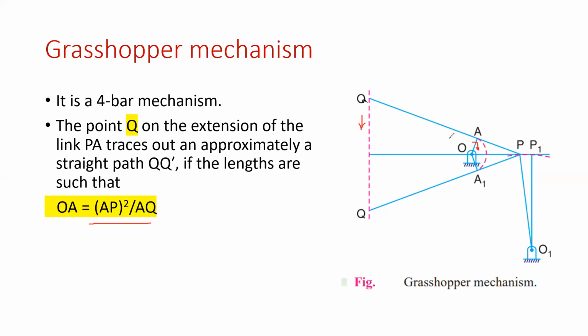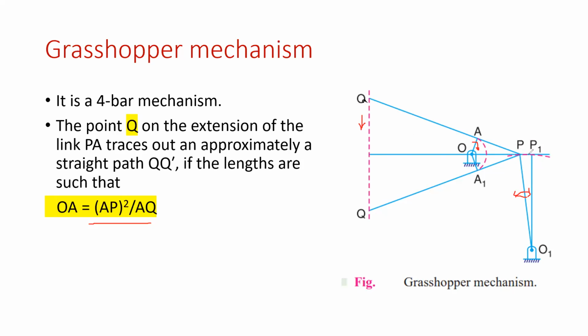Okay, so you can check how the links will move, as link OA will oscillate about point O. So this link O1P will oscillate about point O1 like this. Okay, so P1 is showing you the other position of point P here.